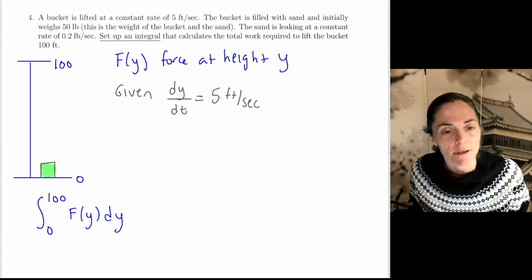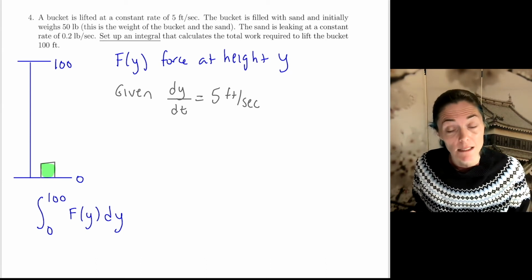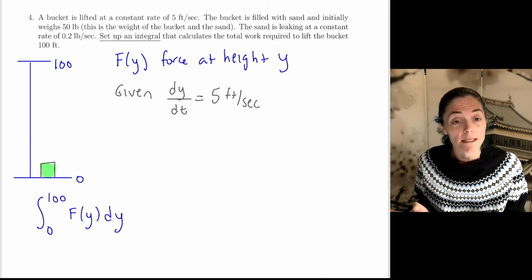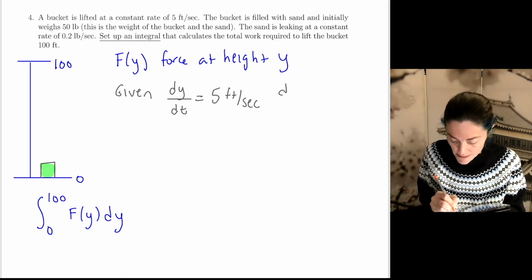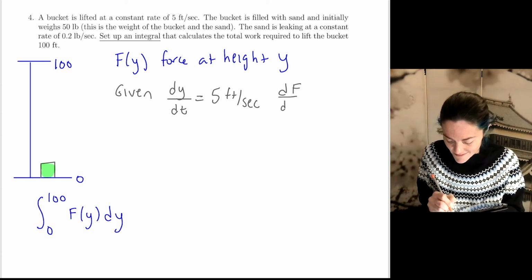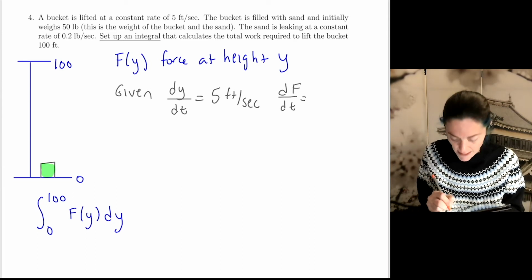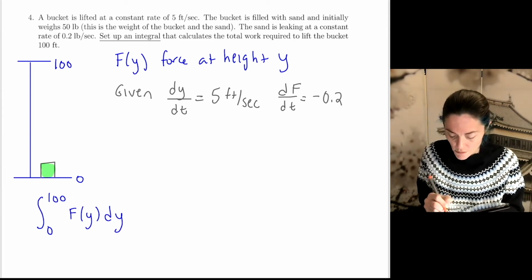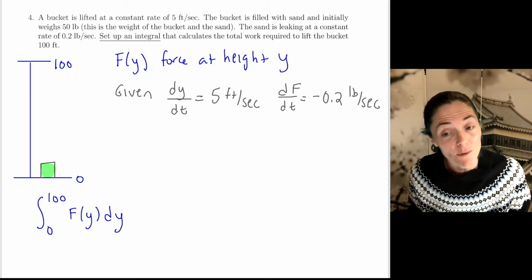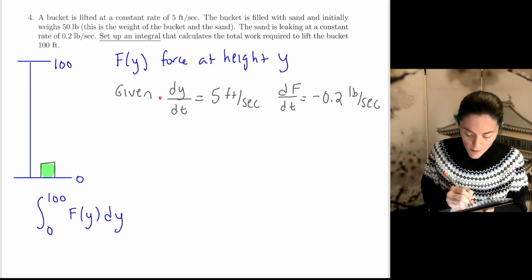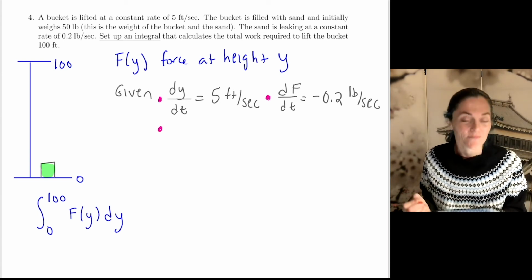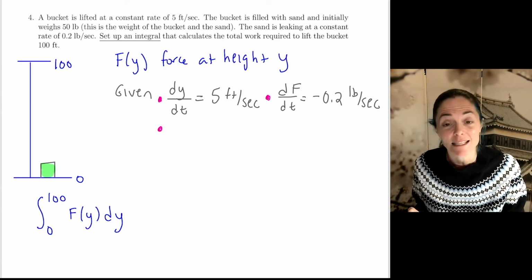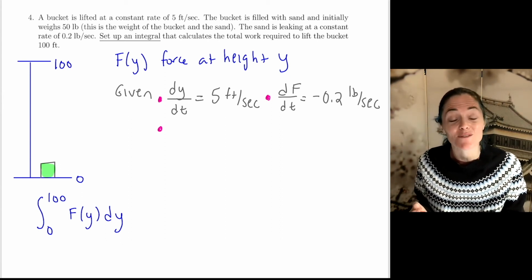We are also given that the sand is leaking at a constant rate with respect to time. So df dt is minus 0.2, pounds per second. We are also given more: number 1, number 2, and the initial force, because force is in pounds.